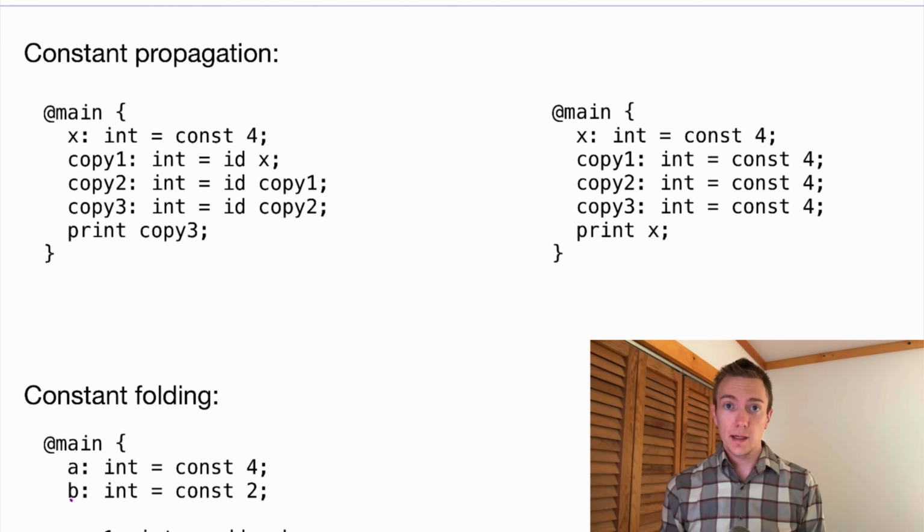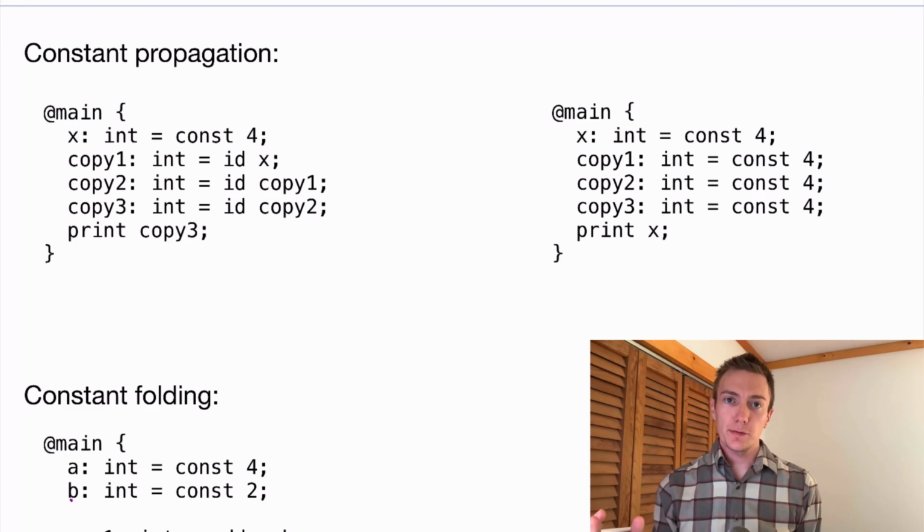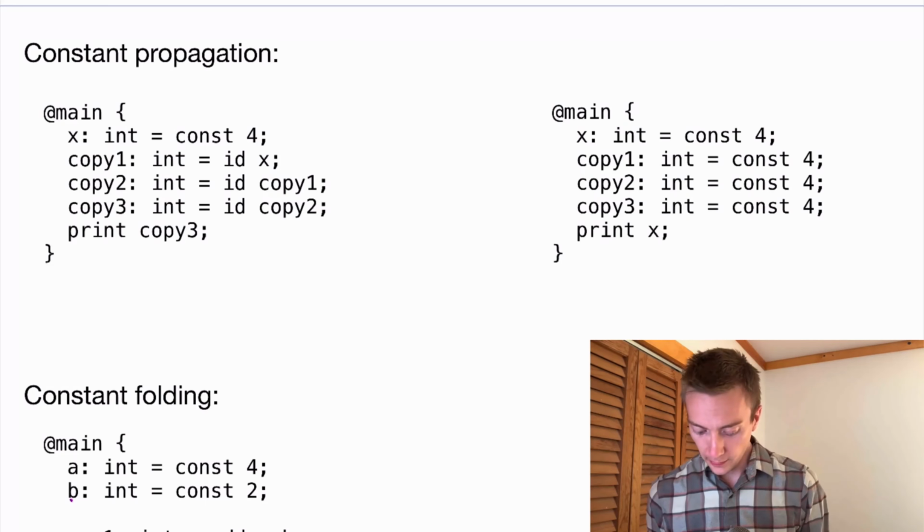You can think now about where you would need to change the LVN algorithm to teach it the semantics of const to make this work. I'm not going to reveal the full answer this time, but I think this has to do with where you reconstruct instructions in the algorithm.